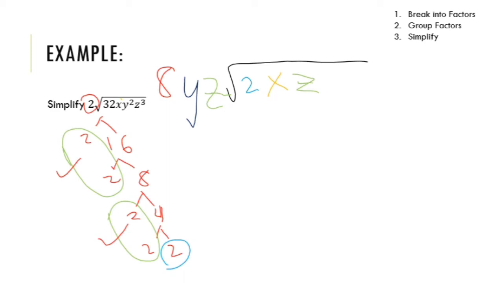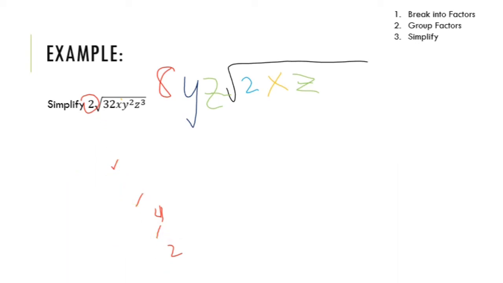Okay? Let's see why this is. I'm going to use that z cubed to determine why this is so. Z cubed is like saying z times z times z. Now what happens when I try to group these in groups of 2?